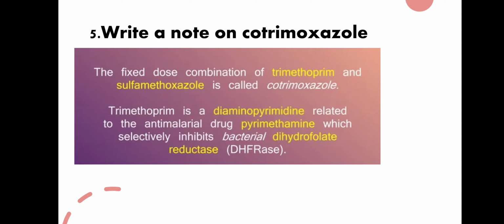Write a note on cotrimoxazole. See, what is this cotrimoxazole? It is an antibiotic. Cotrimoxazole is a fixed dose combination of trimethoprim and sulfamethoxazole. Trimethoprim, okay, is a diaminopyrimidine related to the anti-malarial drug pyrimethamine, which selectively inhibits the bacterial cell wall.